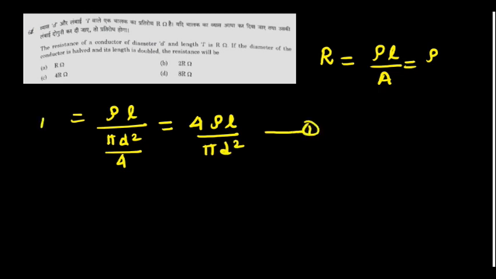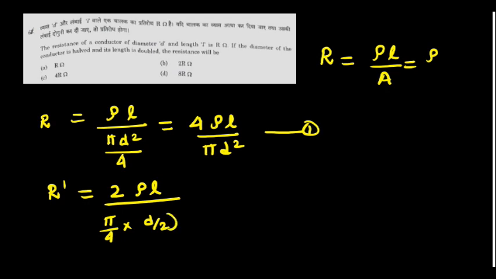This is R ohms. Now what is the change in the resistance value when we double the length? It becomes 2 rho L, since length has doubled, upon pi by 4 times, with the diameter made half, d by 2 whole square.